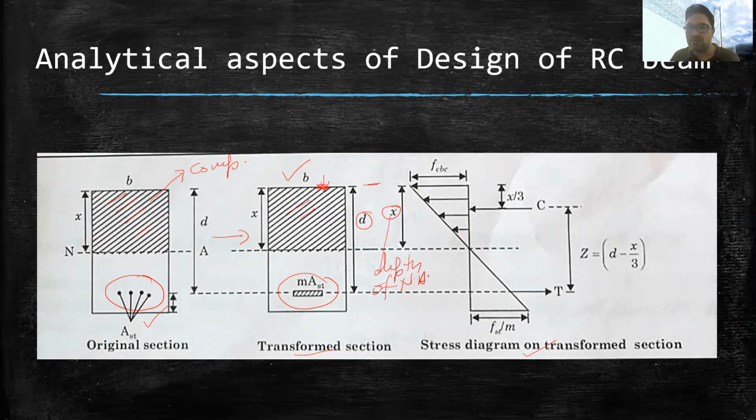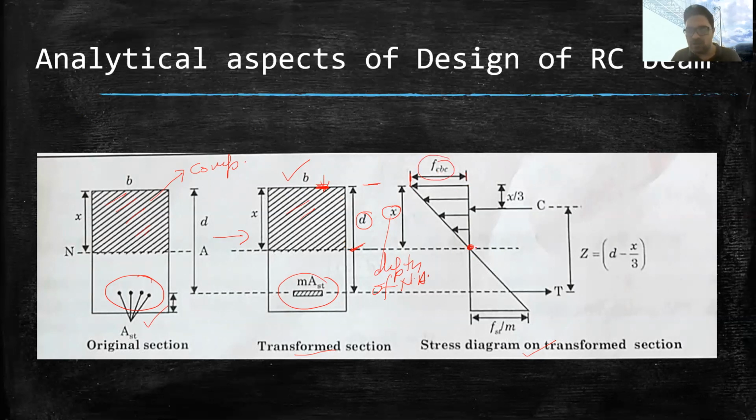That is why the stress at this level is maximum, expressed as FCBC. As we go down towards the neutral axis, the stress decreases, and at the neutral axis the stress is zero.